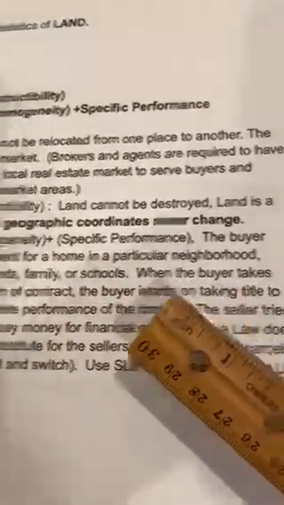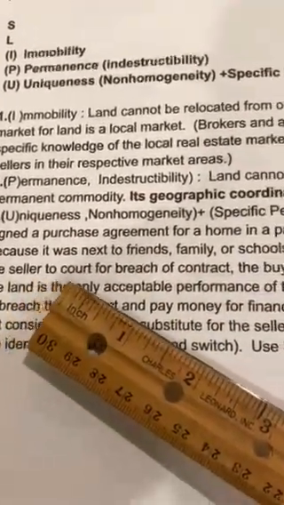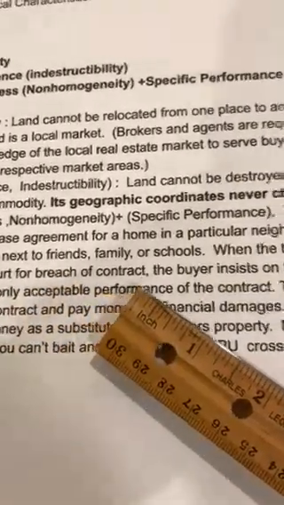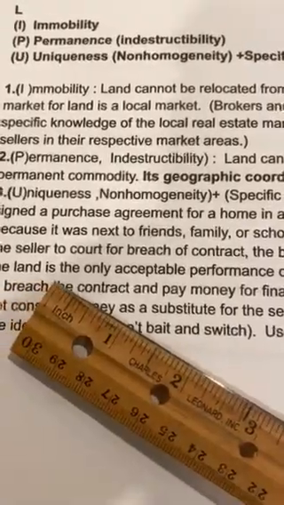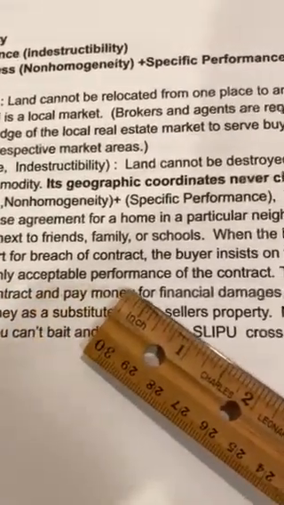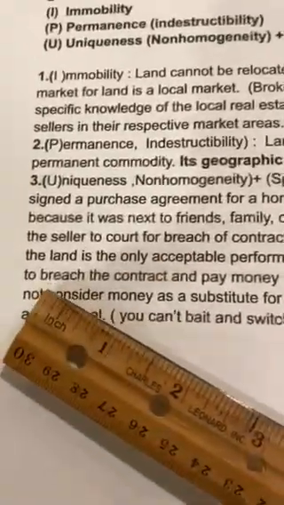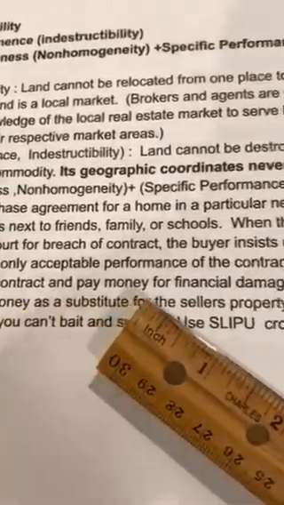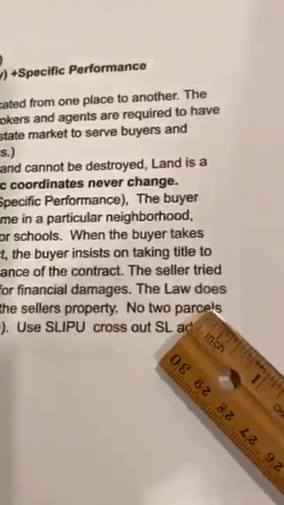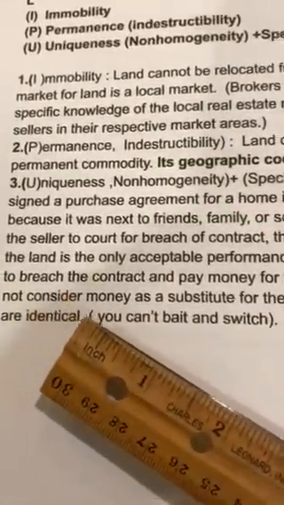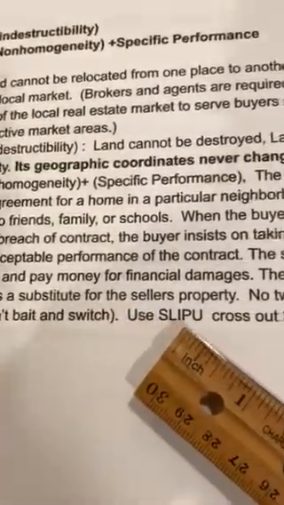When the buyer takes the seller to court for breach of contract, the buyer insists that taking title to the land is the only acceptable performance of the contract. The seller tries to breach the contract and pay money for financial damages. The law does not consider money as a substitute for the seller's property.